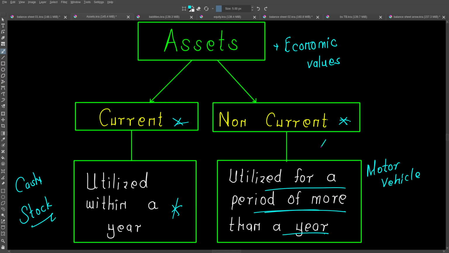That is what we are referring to as non-current assets. These are commonly known as the PPE, okay, property, plant, and equipment. So that is basically what we refer to as assets, and this is the classification of assets, okay? It is going to help us when preparing the statement of financial position, okay?